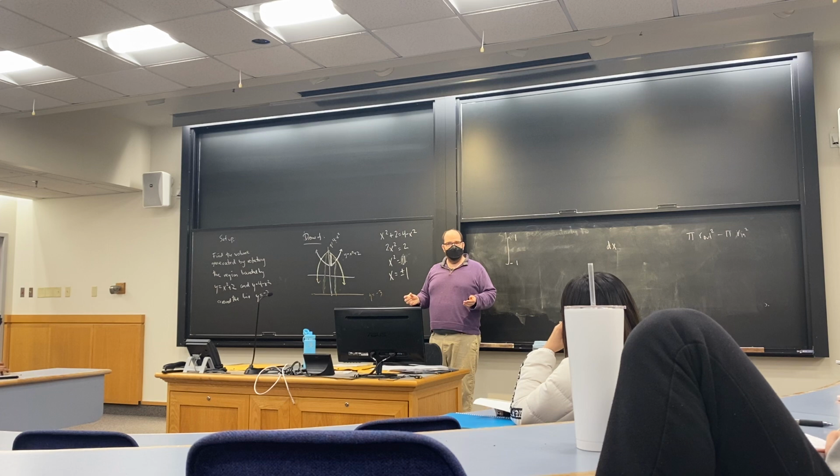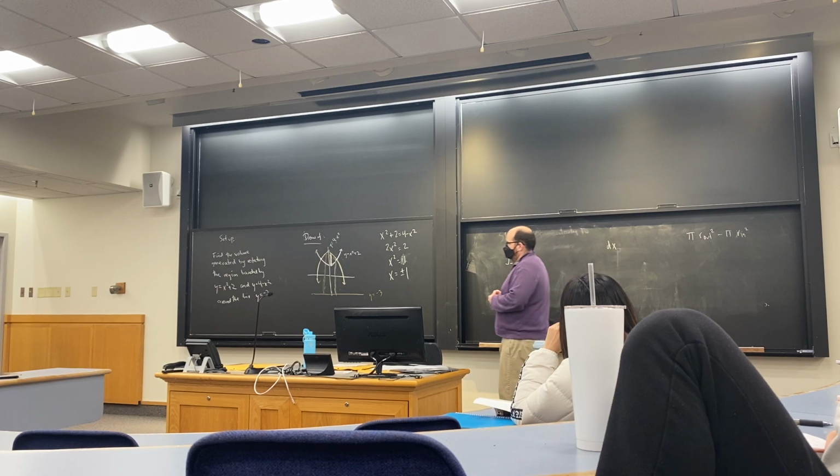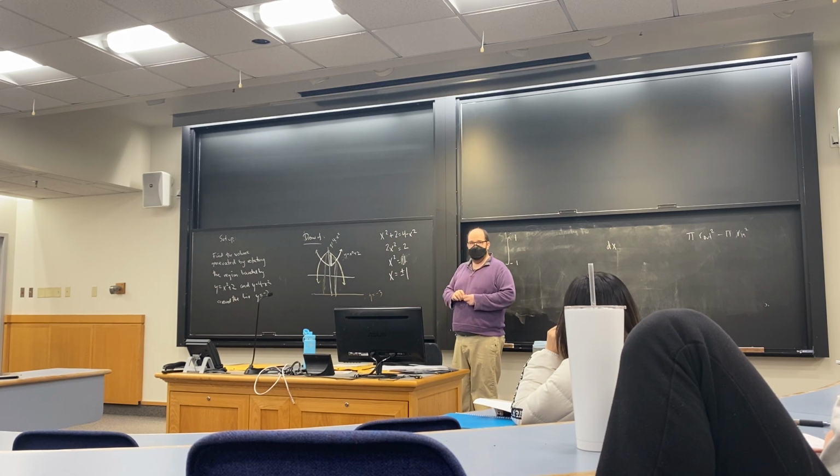Do we know another value? At 1, what is the outer radius? So at 1, it's going to be this length here, right? Is that okay? And what's that length?